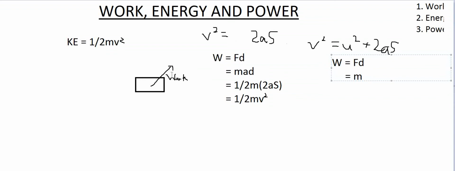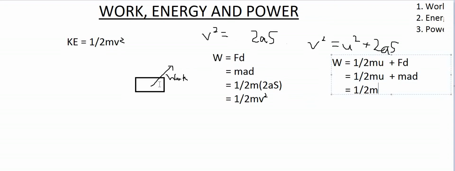We're assuming that originally there's an initial velocity, so it already has some KE, which is half mu squared, plus the extra work done by the force. So half mu squared plus mad equals half mu squared plus half m 2as.